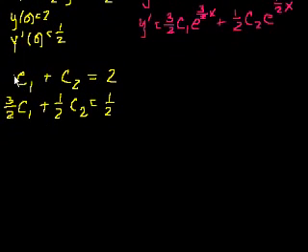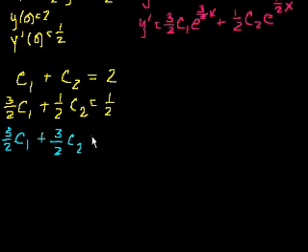Let's multiply the top equation, I don't know, by 3/2. And what do we get? We get 3/2 c1 plus 3/2 c2 is equal to, what's 3/2 times 2? It's equal to 3.